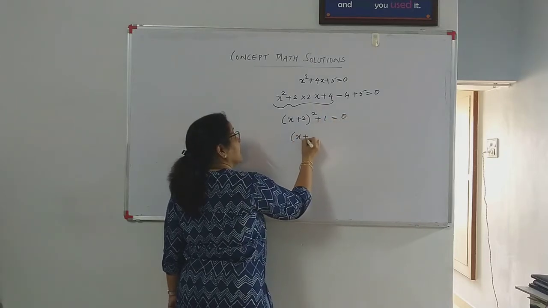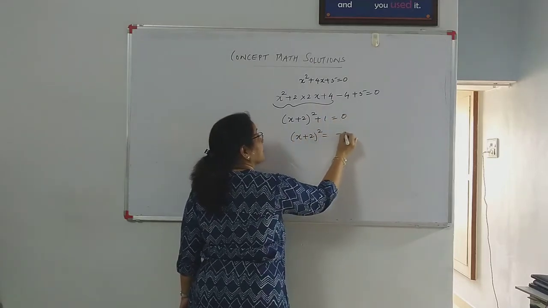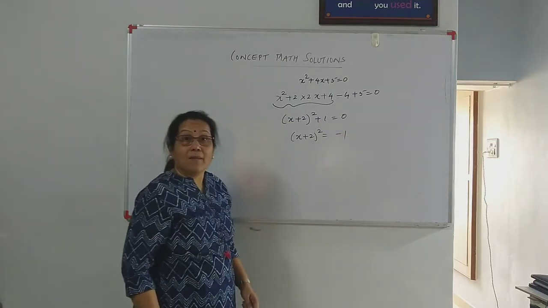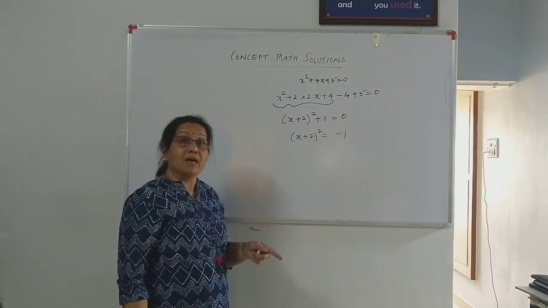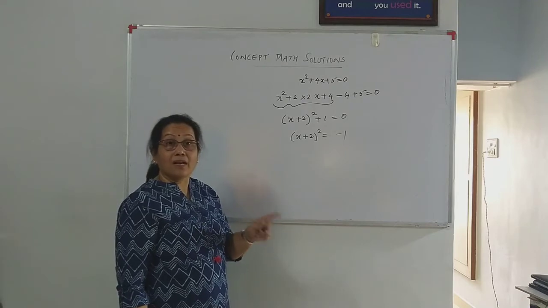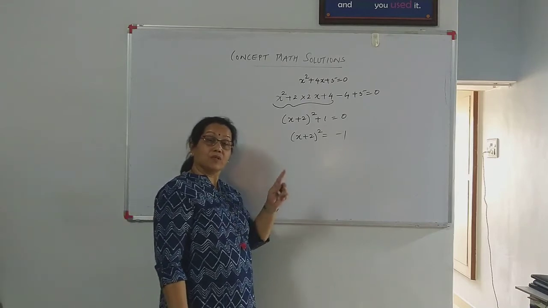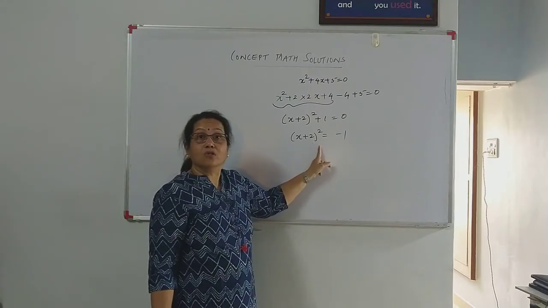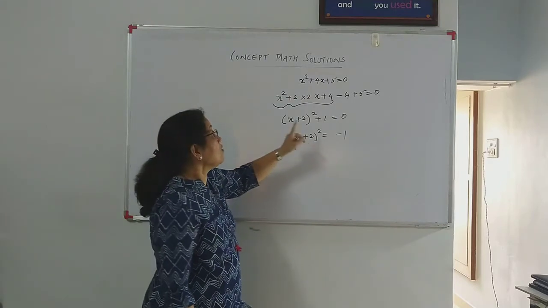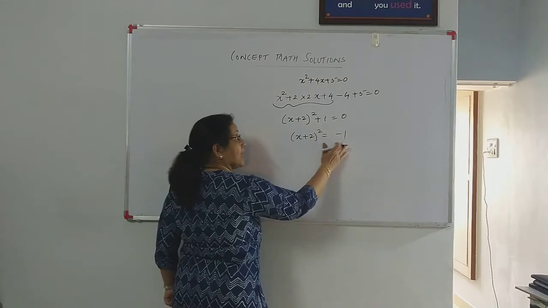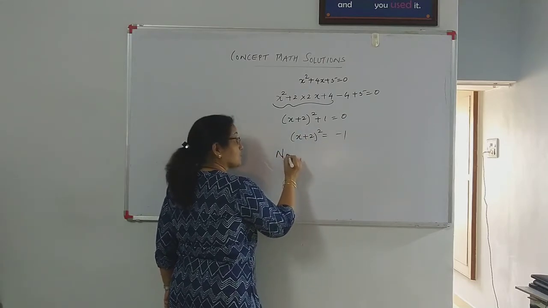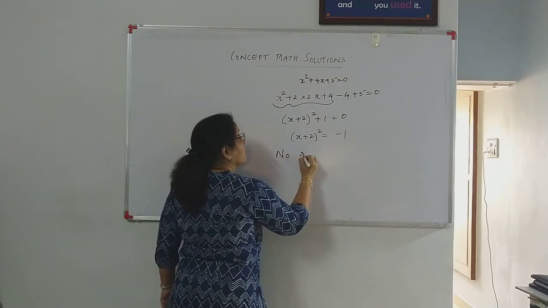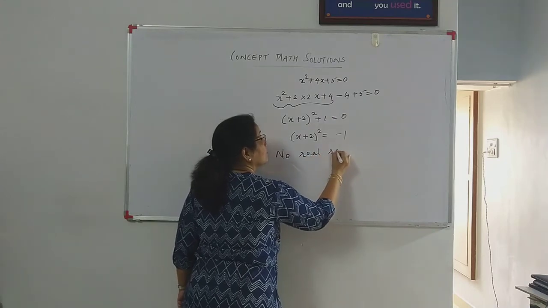What does it mean? (x + 2)² is −1. Now tell me a number whose square is −1. There are numbers, but they are not real numbers. They are complex numbers which we will learn in class 11. So here the real roots do not exist. When you get the square of something as negative, we should stop working here and write no real roots.